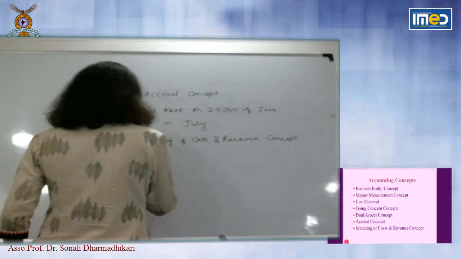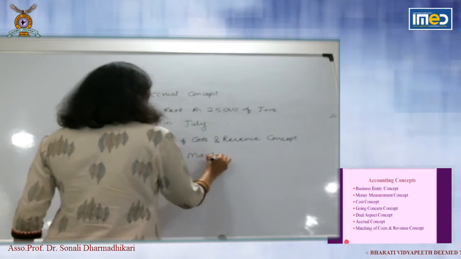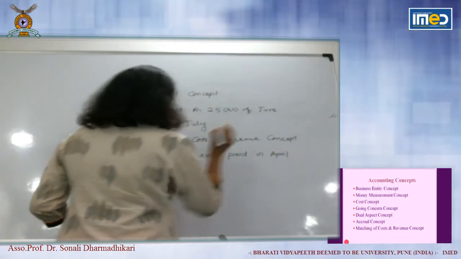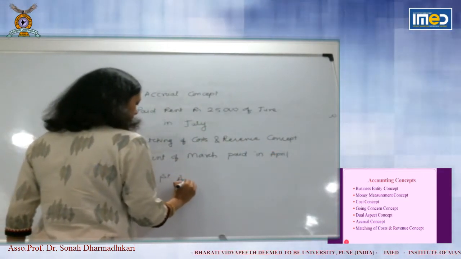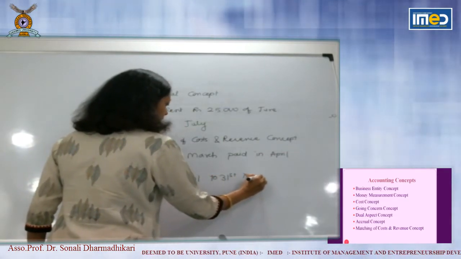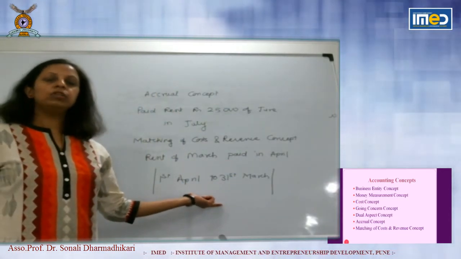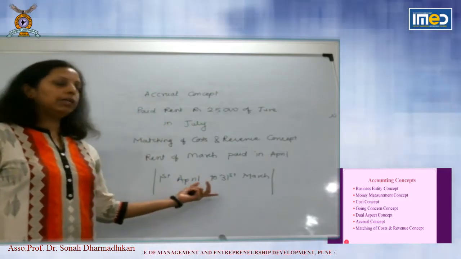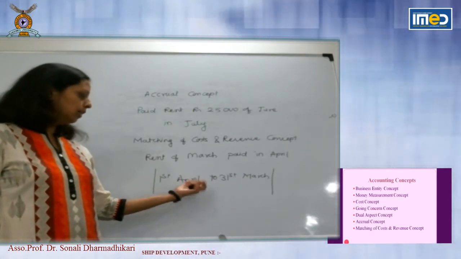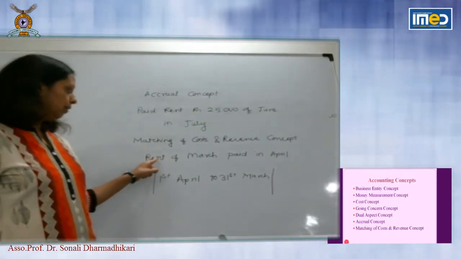So for example, rent of March paid in April. Now in India, we follow the accounting year 1st April to 31st March. This is the accounting year we are following, and the basic aim of financial accounting is to find out the profit or loss and assets and liability of this particular year.